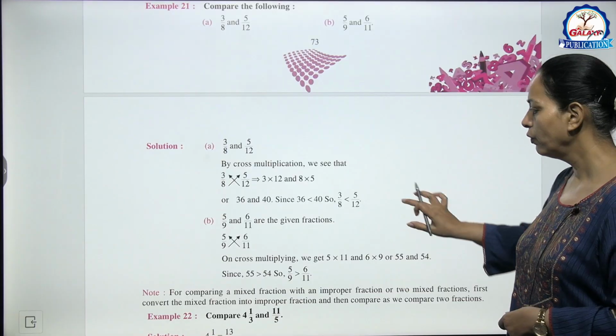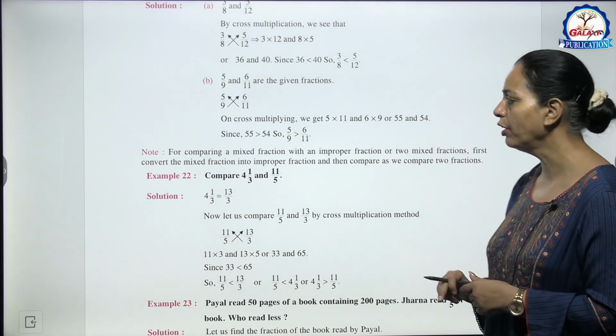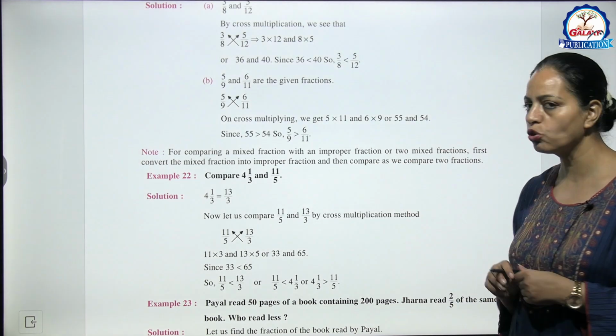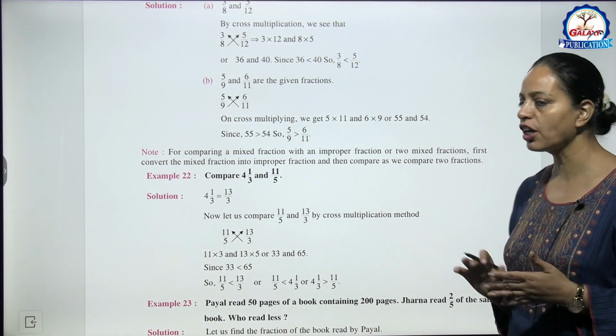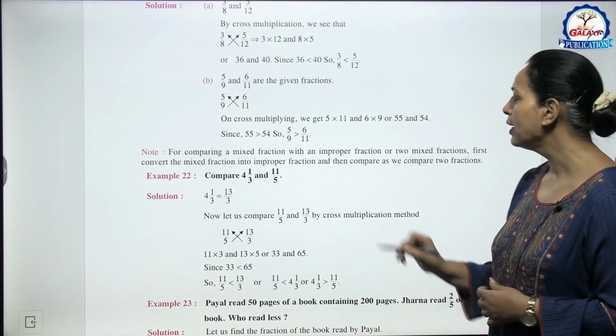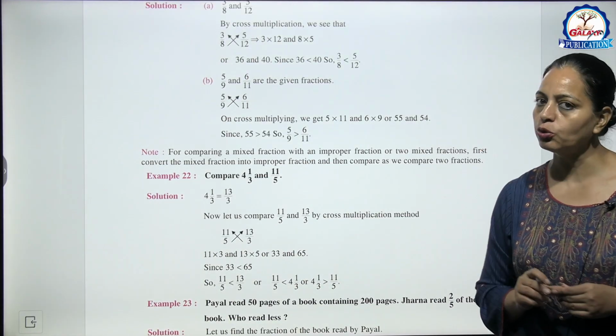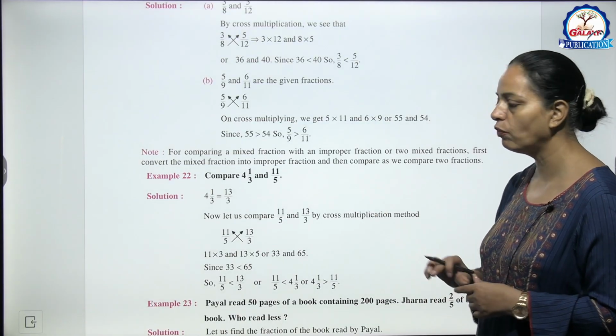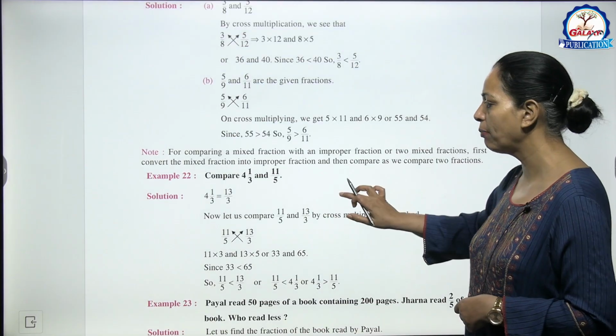Okay. Now there is one point given. For comparing a mixed fraction with an improper fraction or two mixed fractions, first convert the mixed fractions into improper fractions and then compare as we compare two fractions. Like example 22, compare 4 whole 1 by 3 and 11 by 5.